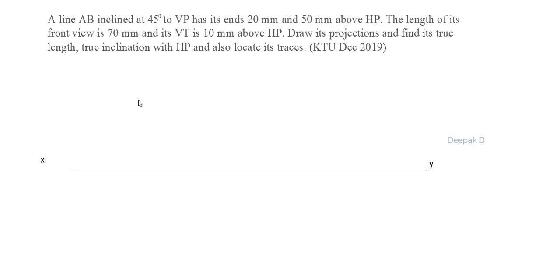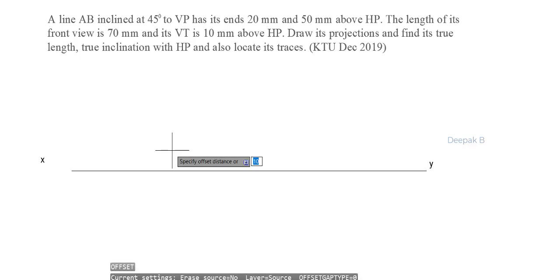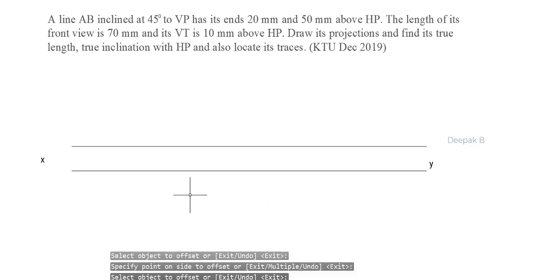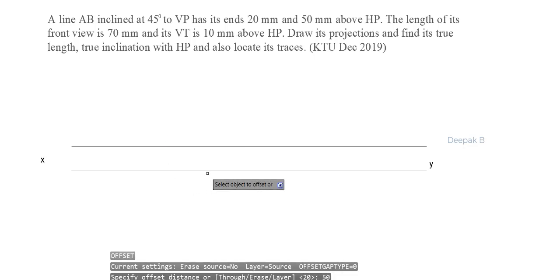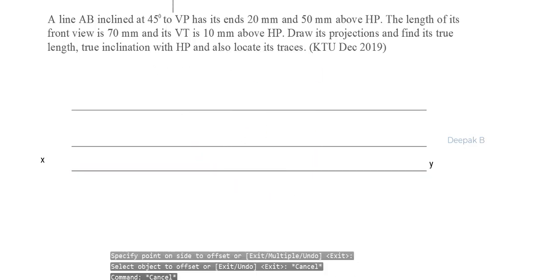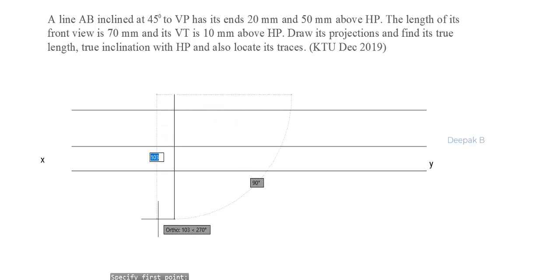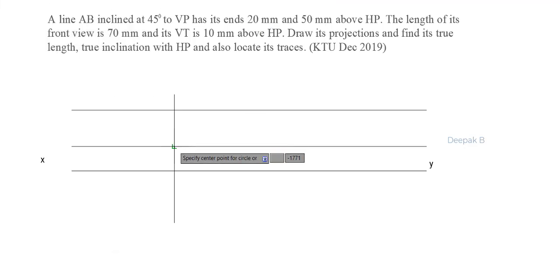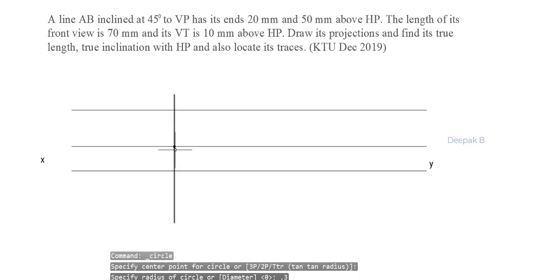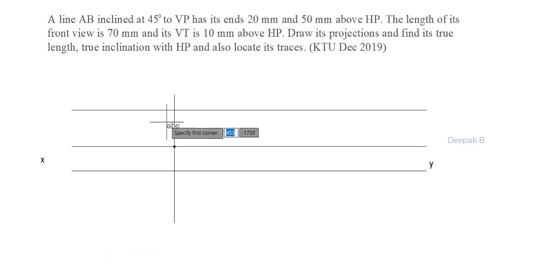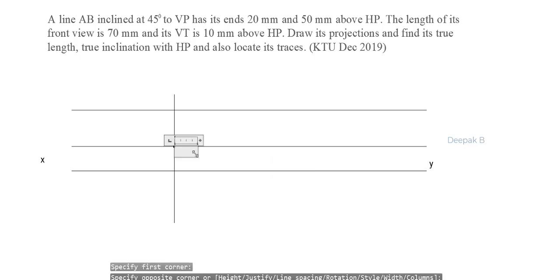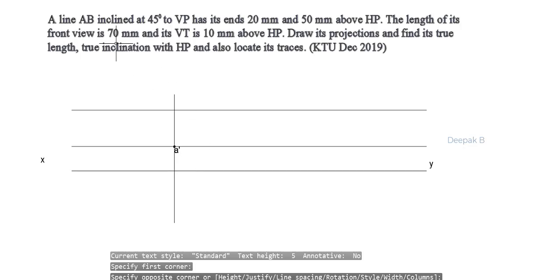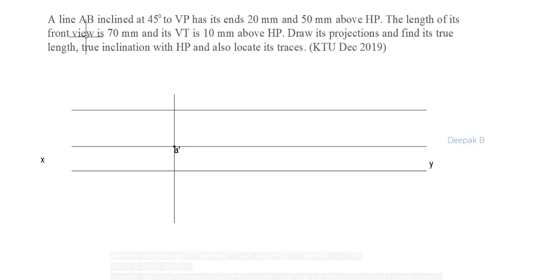So I'll draw a reference line here, 20 millimeter above XY line and 50 millimeter above XY line, and I'm arbitrarily choosing the location of point A. Okay, and this is A. I'll mark it as A dash because it is the front view, and they have also given the information that the front view is 70 millimeter in length.